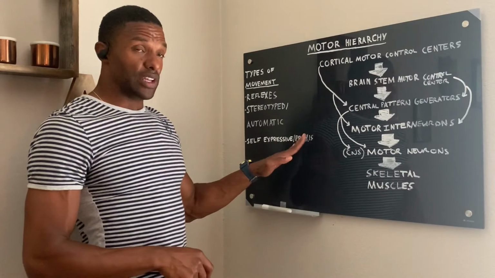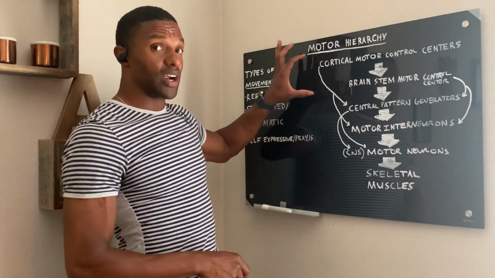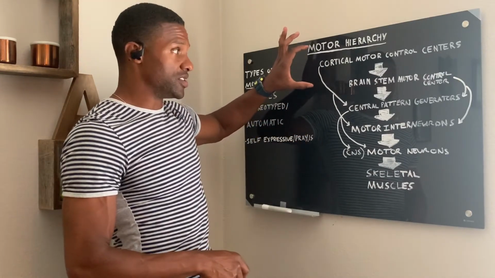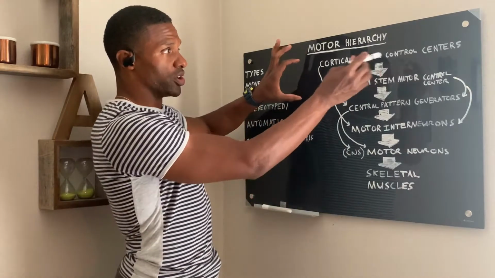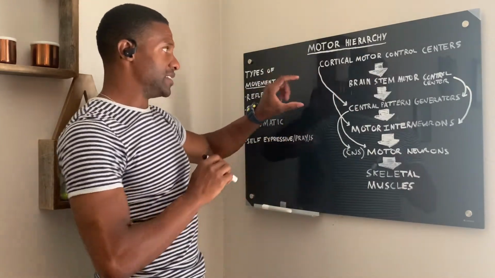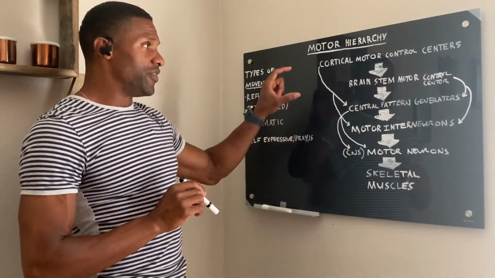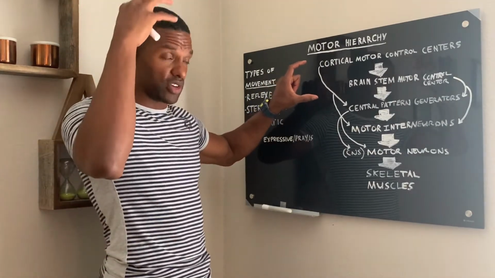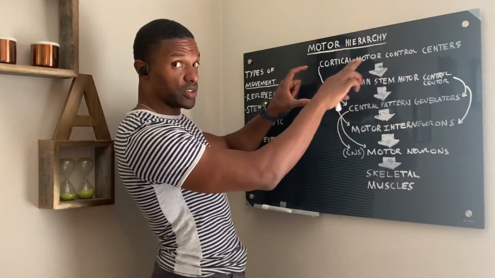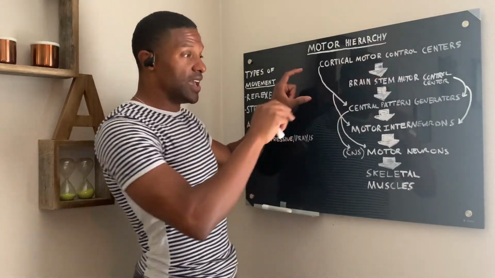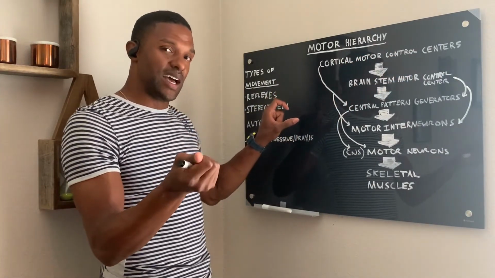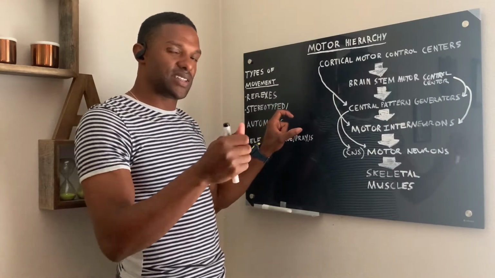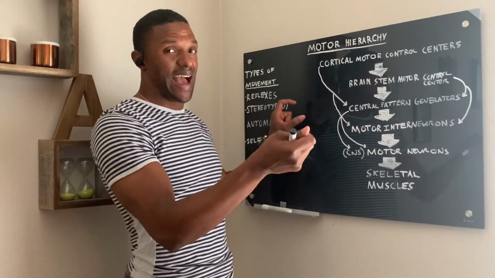Self-expressive movements, volitional movements, occur in the higher motor control centers, the cortical motor control centers, and in the brain stem. So self-expressive movements, when it happens here in the neocortex and in cerebral cortex, these cortical motor control centers, the movement has context. And movement that has context creates action.